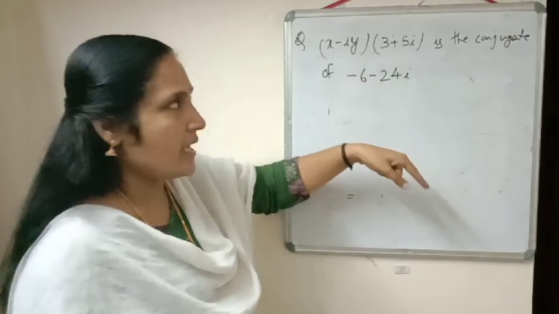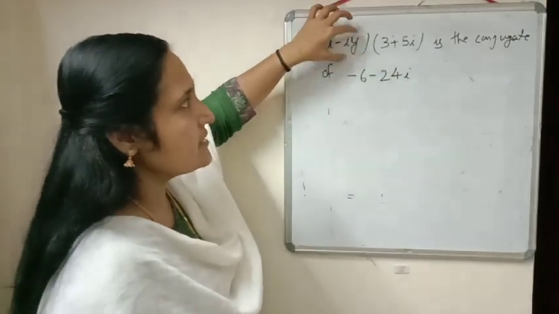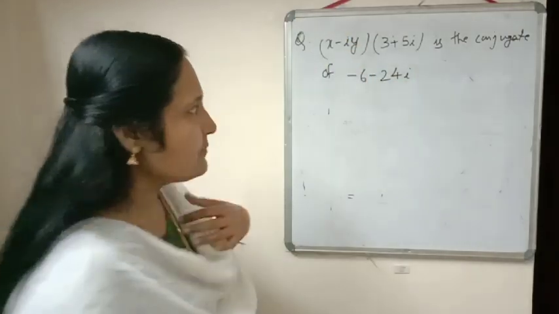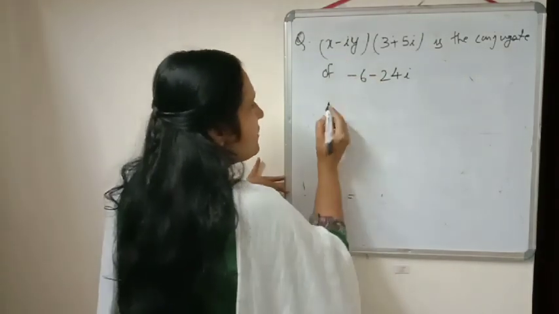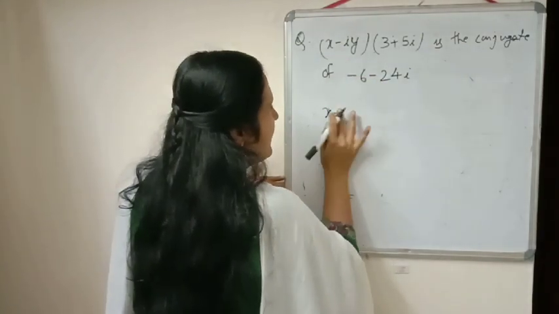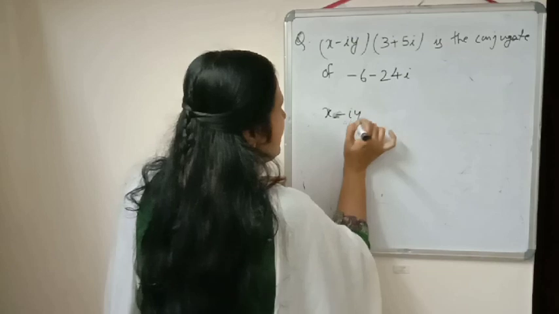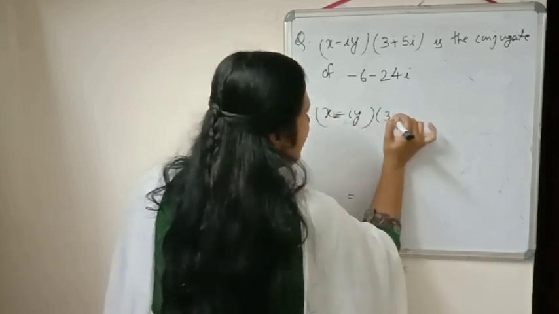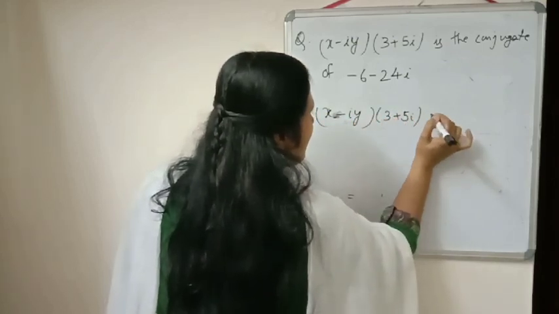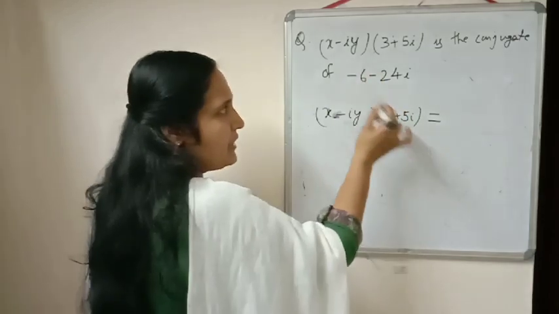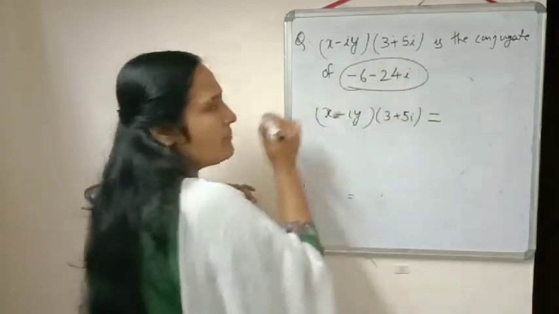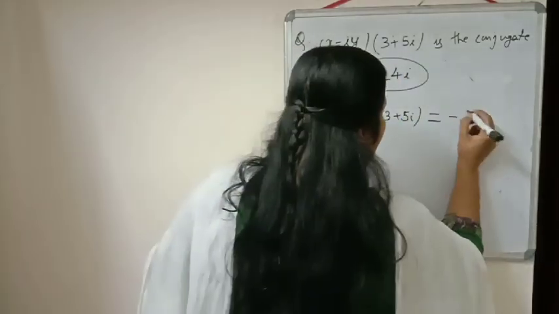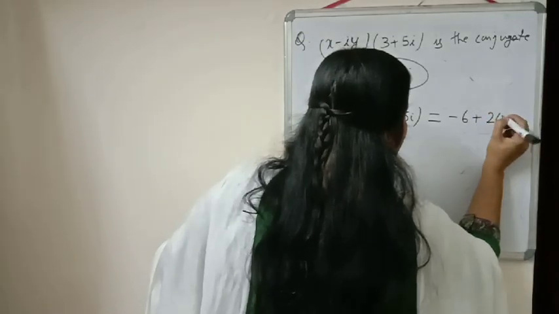But they are saying this expression is the conjugate of this one. So here, this is the conjugate. They are saying (x minus iy) into (3 plus 5i) is the conjugate of this number. And we know conjugate of this number will be equal to minus 6 plus 24i.